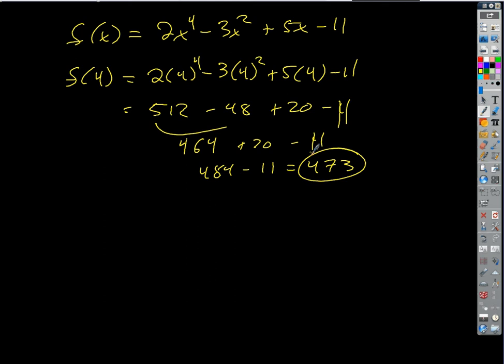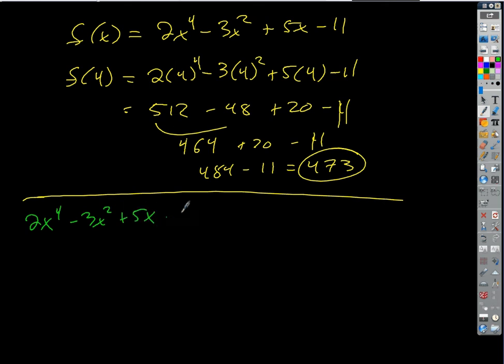The remainder theorem says that if I want to evaluate this function at 4, that's got to be the exact same thing as the remainder I get when I divide the polynomial by x minus 4. Well, what would that look like? If I were going to do the quotient of 2x to the 4th minus 3x squared plus 5x minus 11, all divided by x minus 4, what would that look like synthetically?